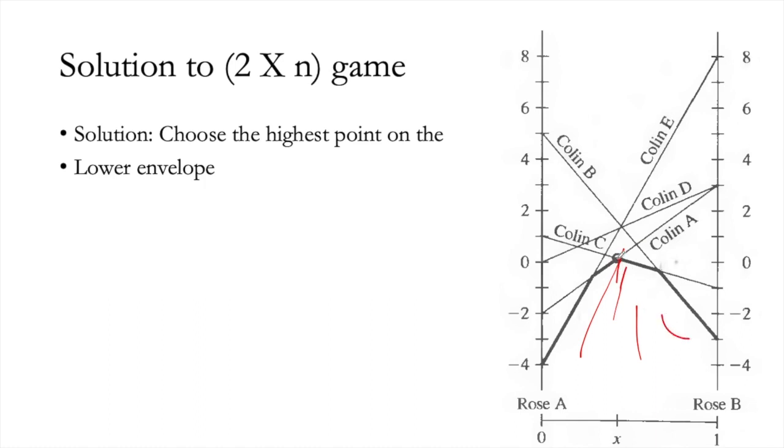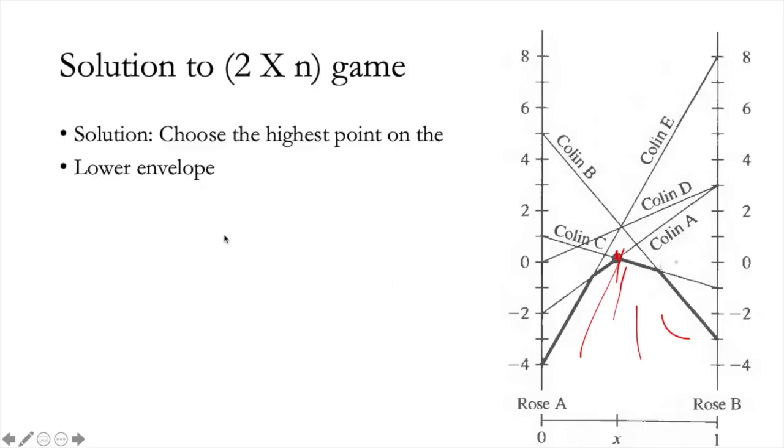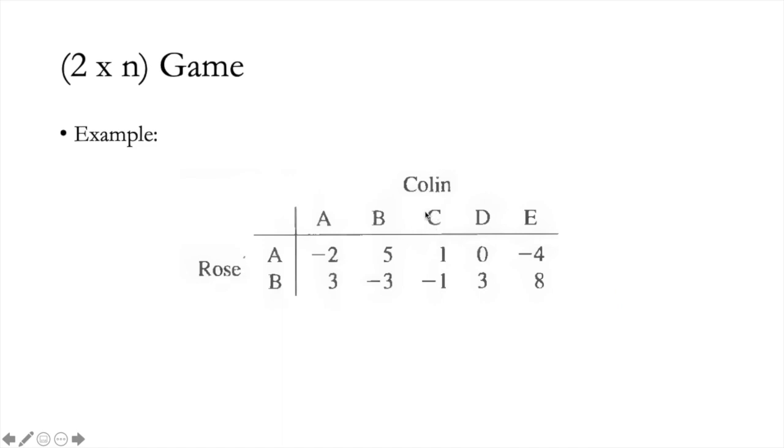So in a normal sense, for a 2 cross n game, we try to find out the highest point of the lower envelope, and in an m cross 2 game, we will try to find out the lowest point of the upper envelope. So this is the upper envelope, and this upper envelope is the intersection of Colleen C and Colleen A. So now we can find out Colleen C and Colleen A.